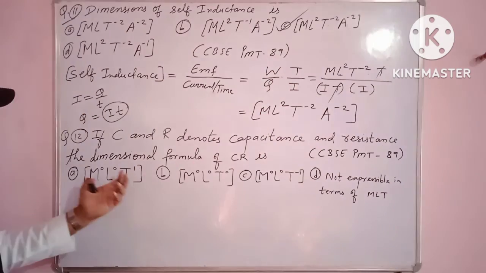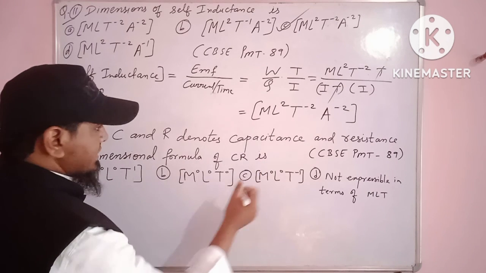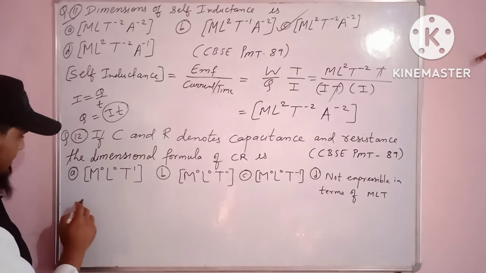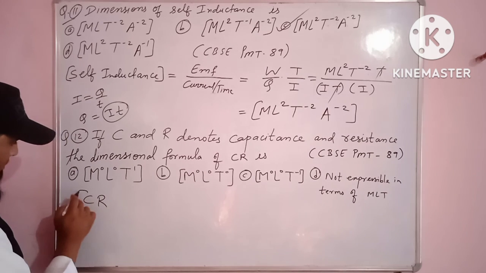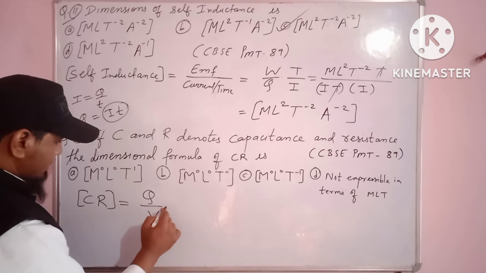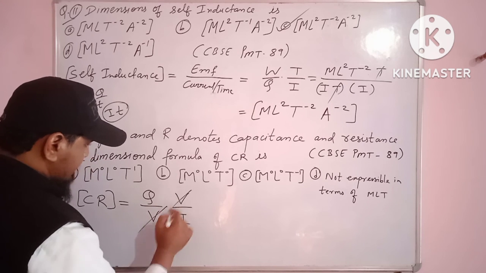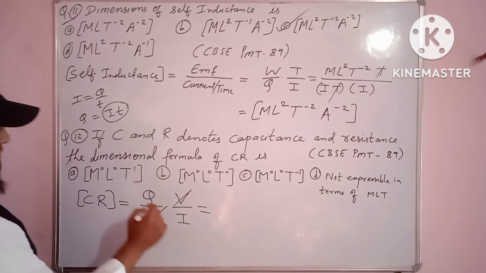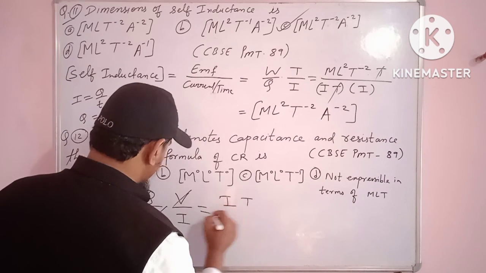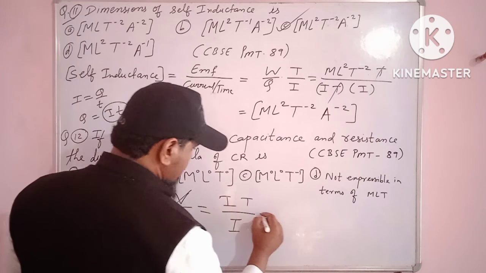Now question number 12. If C and R denote capacitance and resistance, they are asking the dimensional formula of CR. We know that C is equal to Q upon V, and R is V upon I. So this V will get cancelled, and dimensions of Q is I into T upon I. What is left?